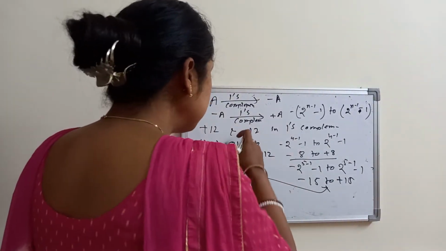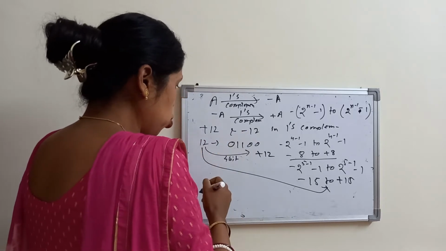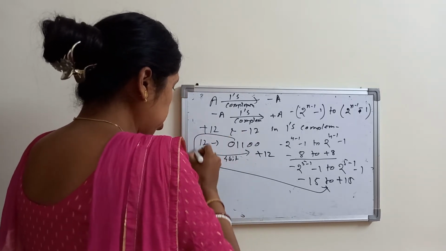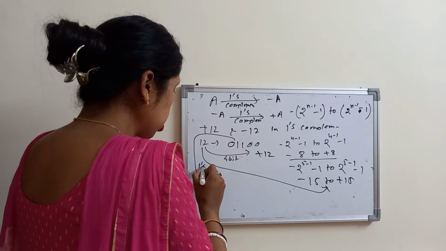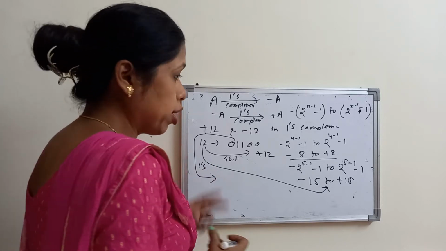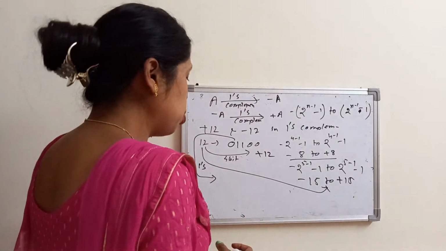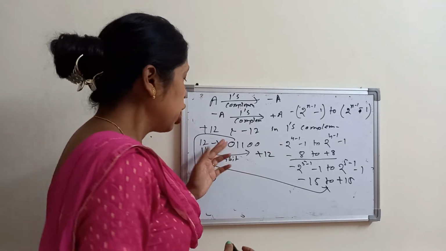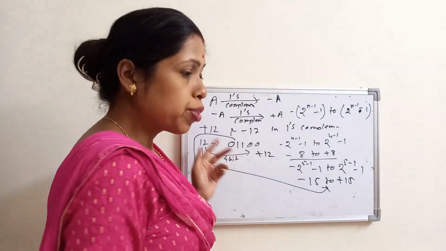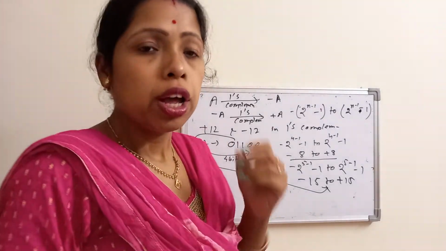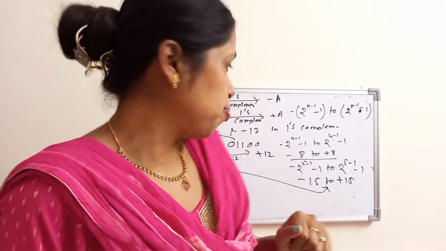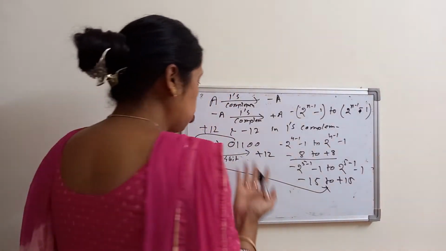Now for getting minus 12, what do you have to do? This number I have to complement. Complement means inversion of each bit, writing the opposite.